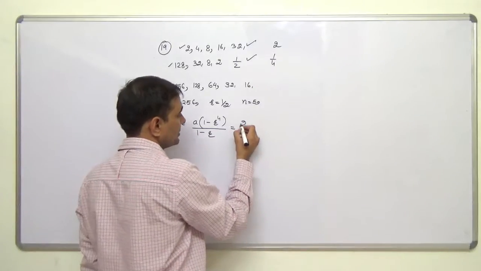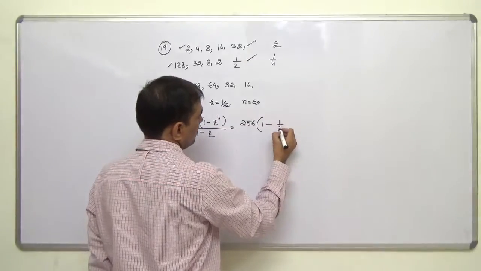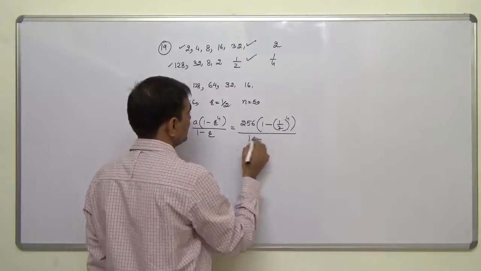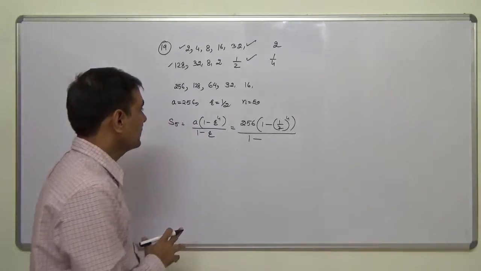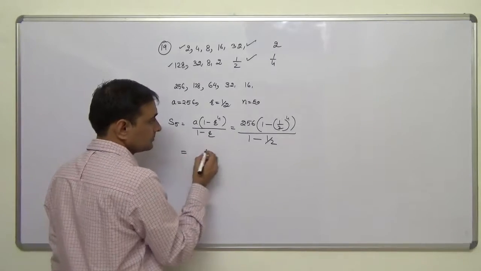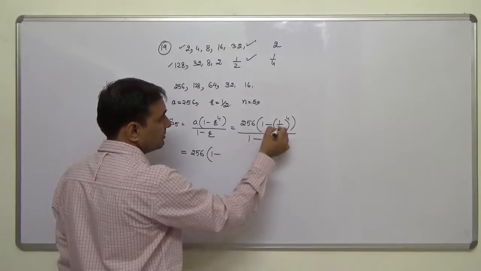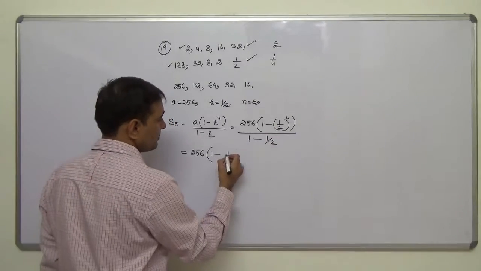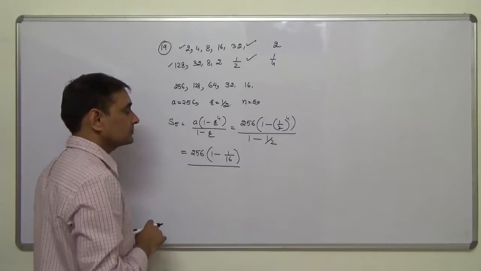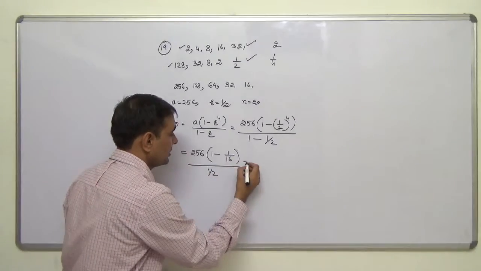A is 256 into 1 minus, what is r? r is half, 1 by 2 to the power 4 upon 1 minus half. 256, 1 minus 1 by 2 to the power 4, this is 1 by 16, upon 1 minus half, that is also half.